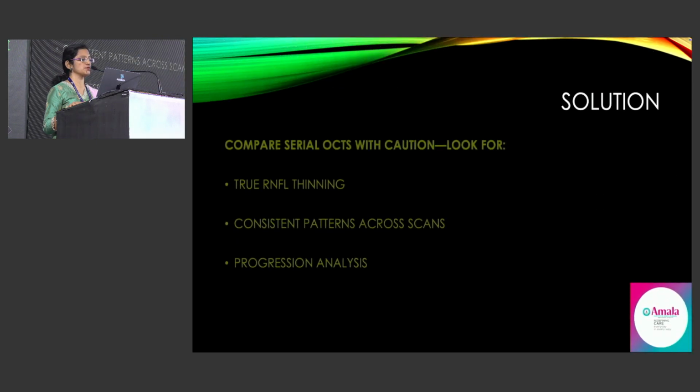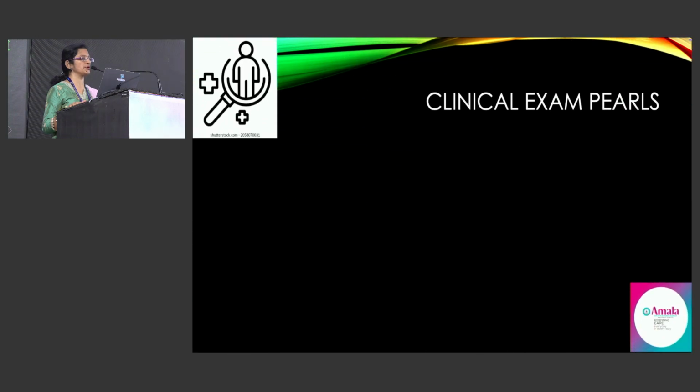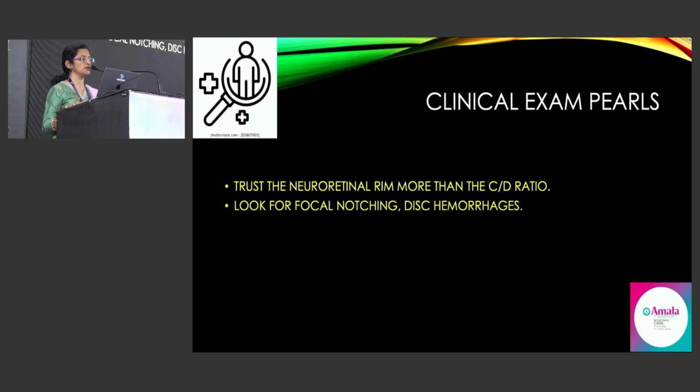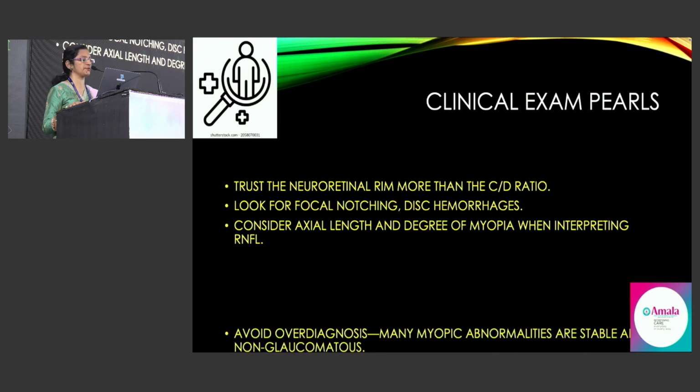So what would be the solution to this? We should compare the serial OCTs, see for the true RNFL thinning and consistent patterns, and again the progression analysis would be a better option. And in the clinical examination also, as I told you, trust the NRR rather than the ratio. Look for any focal or new notching, disc hemorrhages, and consider the axial length and the degree of myopia always while interpreting an RNFL map.